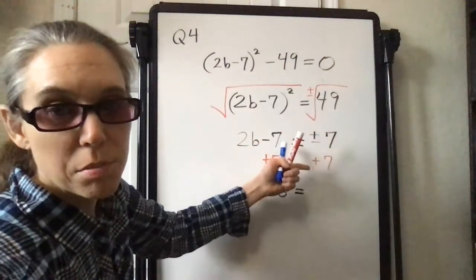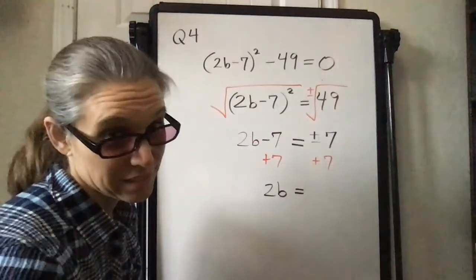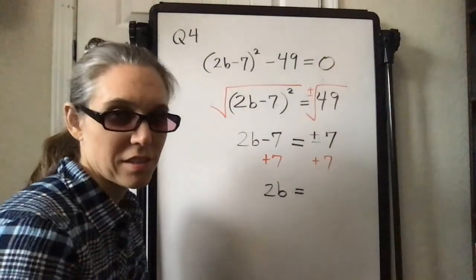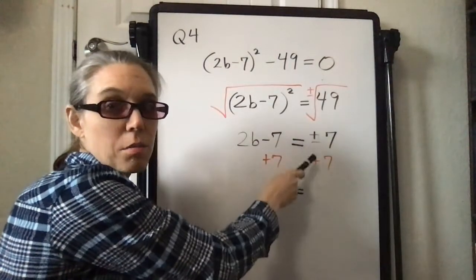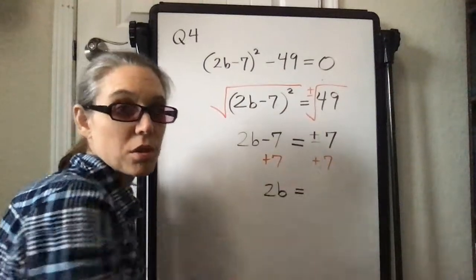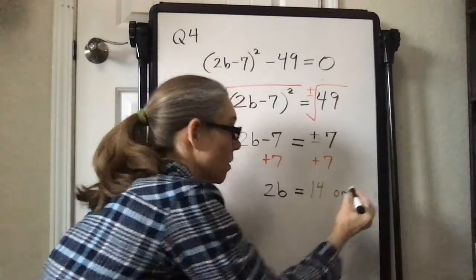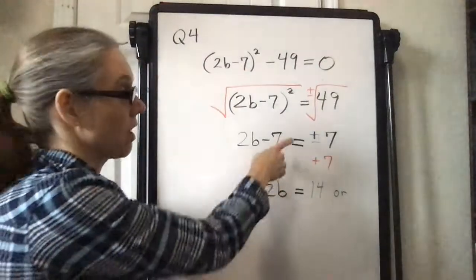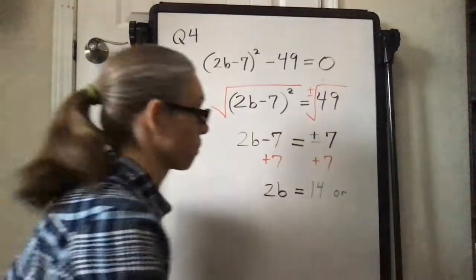Plus or minus 7 plus 7 is not equal to plus or minus 14. Let's think about this. A positive 7 plus 7 is 14. But a negative 7 plus 7 is 0.